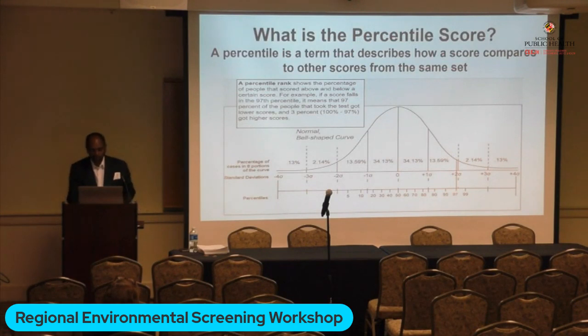As you can see in all these PowerPoint presentations, you will see percentile scores. Just to give you a brief, a percentile is a term that describes how a score compares to other scores from the same set. So if I analyze carbon dioxide concentrations throughout the region, I convert them from 0 to 100.